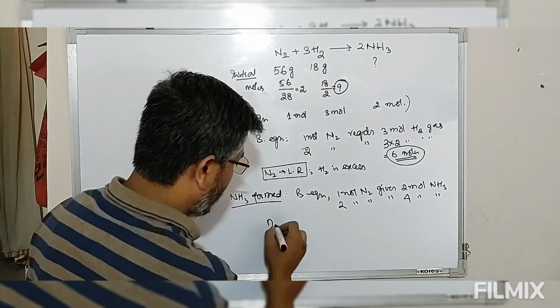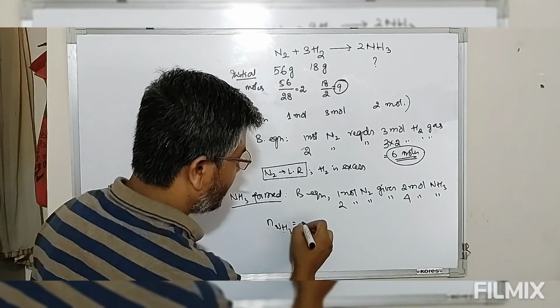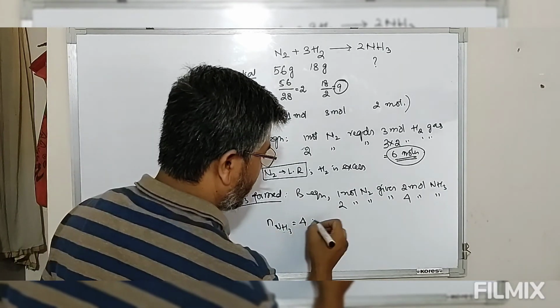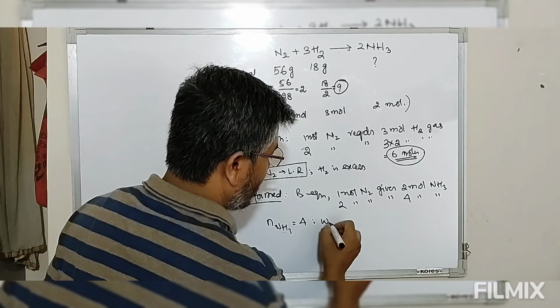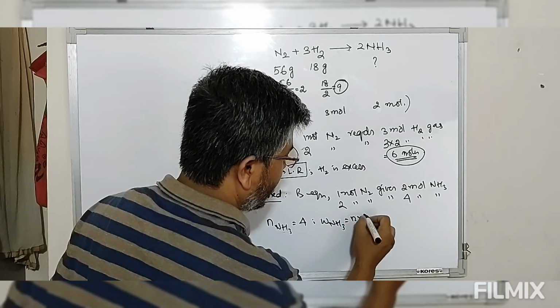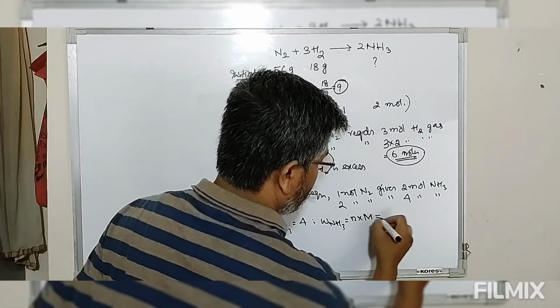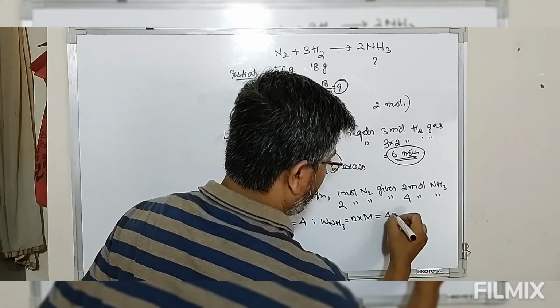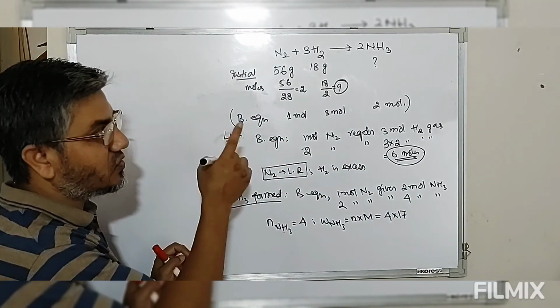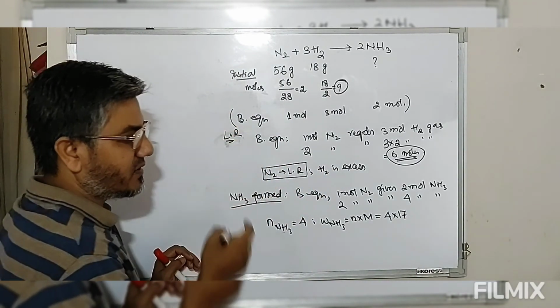Therefore the number of moles of ammonia formed will be 4. So the mass of ammonia formed: mass is number of moles multiplied by gram molecular mass. Number of moles is 4, gram molecular mass is 17, nitrogen is 14, hydrogen is 1, so 14 plus 3 is 17.